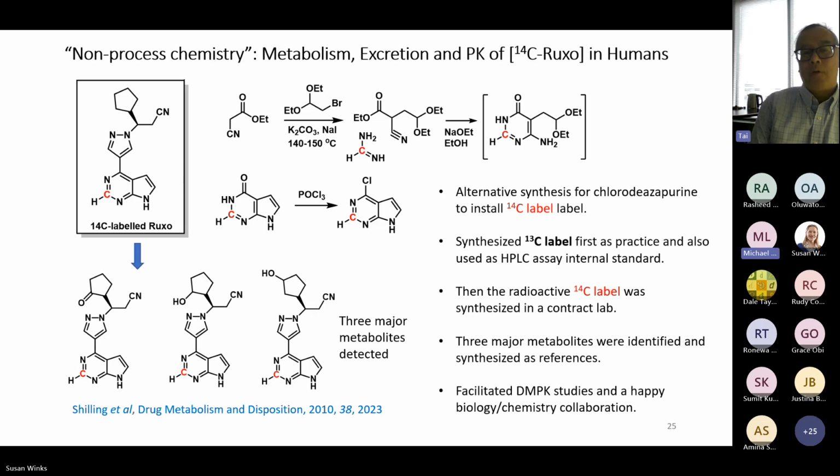And the knowledge that we have on the synthesis actually expedited the preparation of many of these markers and standards, which really helped our biology colleagues to figure out the metabolism and the PK of the molecule. So this is just one non-process chemistry slide, which shows chemistry is applicable to the whole spectrum of development. Next, please.